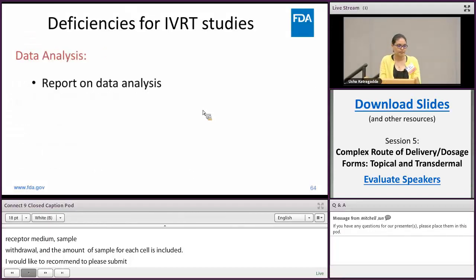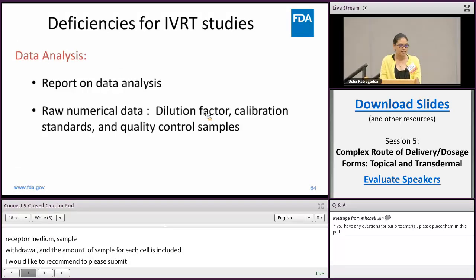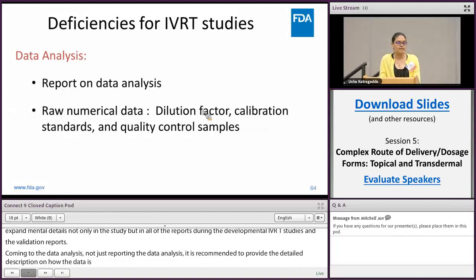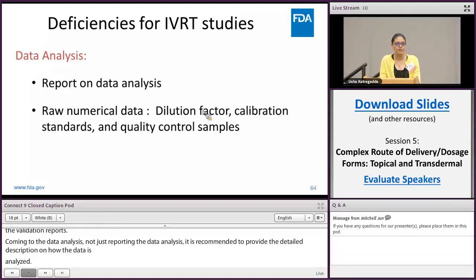Coming to the data analysis, not just reporting the data analysis, it is recommended to provide a detailed description of how the data is analyzed. For example, for a membrane selection, it is recommended to submit the stepwise procedure of how you are calculating the binding percentage assay values.